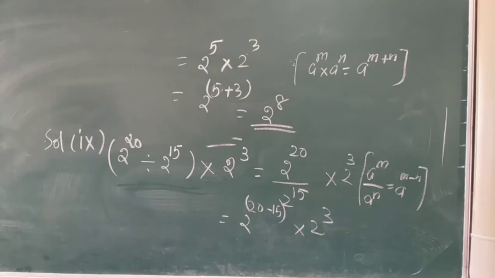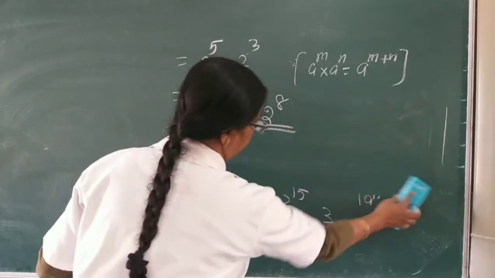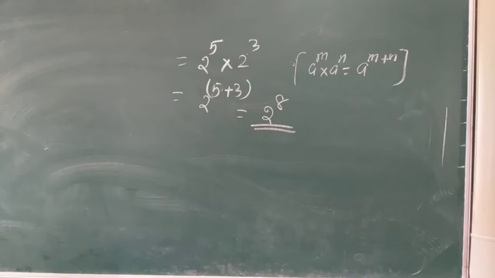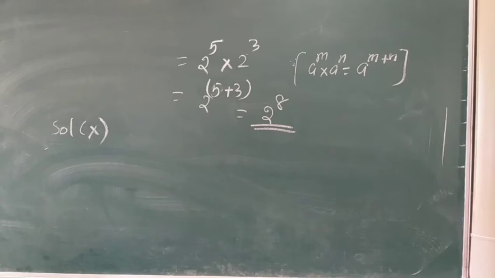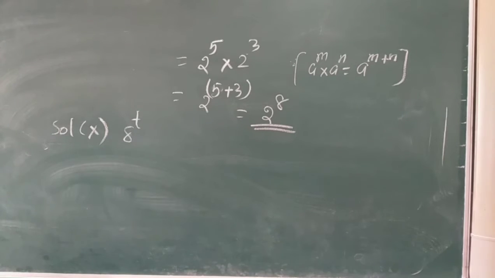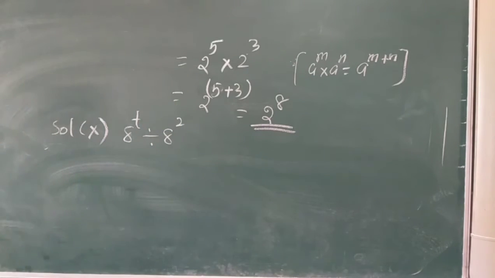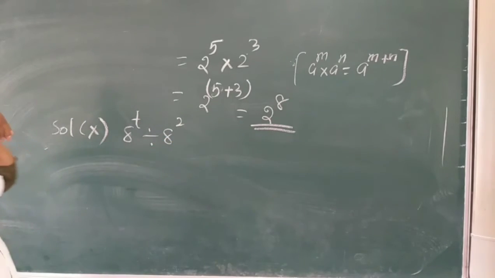Last question, the 10th question. The question is 8 raised to t divided by 8 square. a raised to m divided by a raised to n is equal to a raised to m minus n.